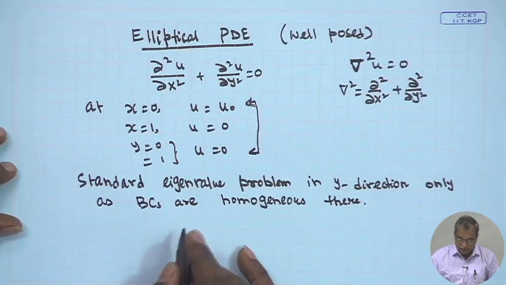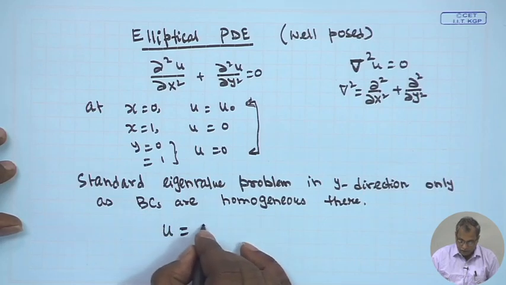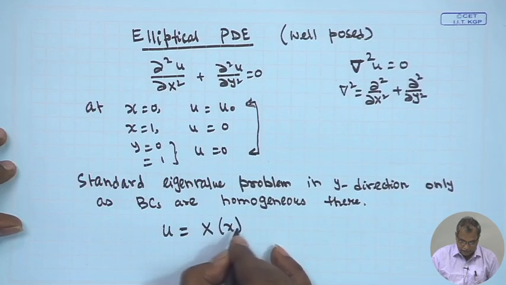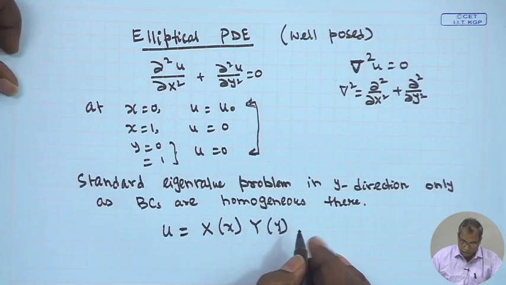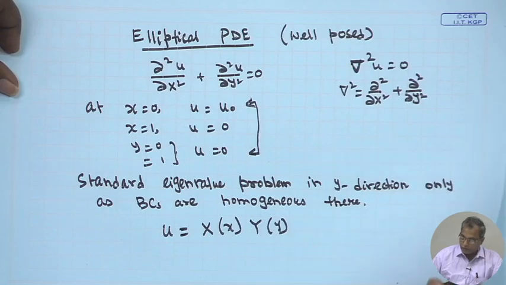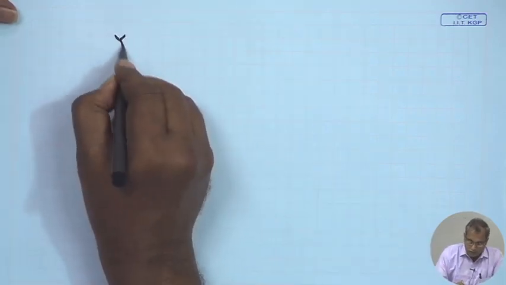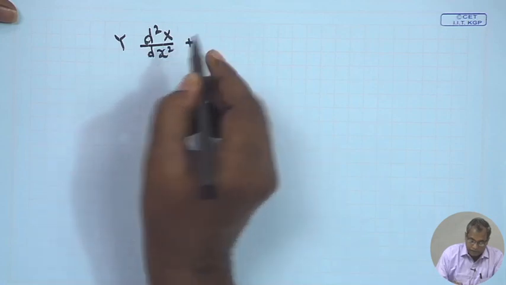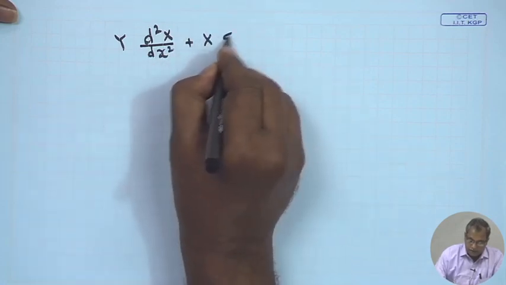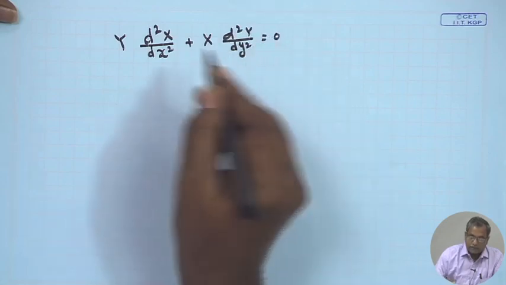So, we go ahead with the separation of variable type of solution. Consider u is a product of sole function of x and sole function of y. So, we are then going to substitute this into the governing equation. If we do that, we will be getting y d square x dx square plus x d square y dy square is equal to 0.